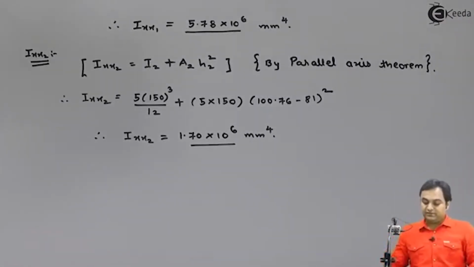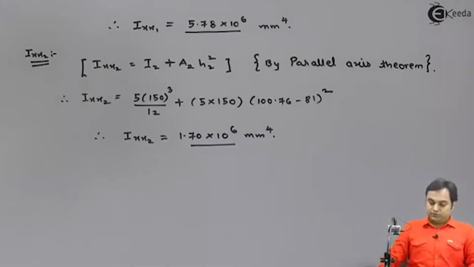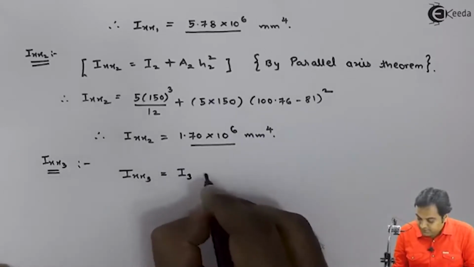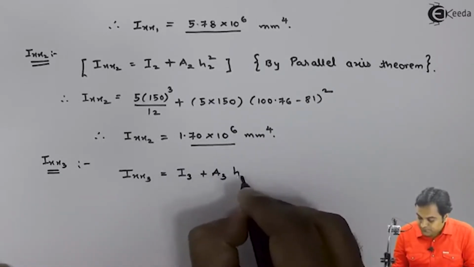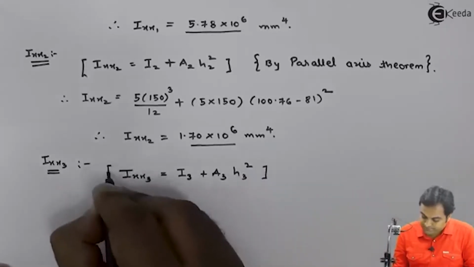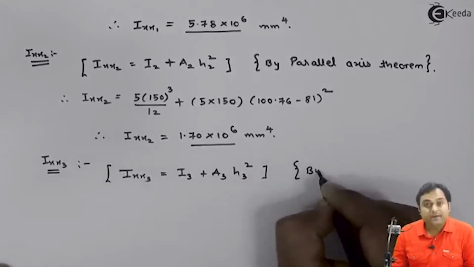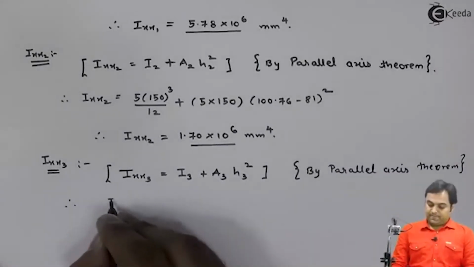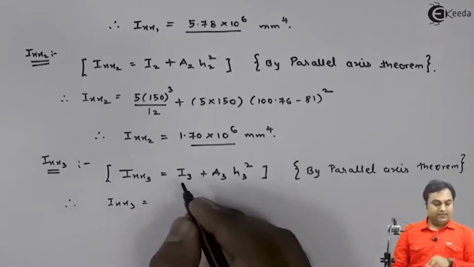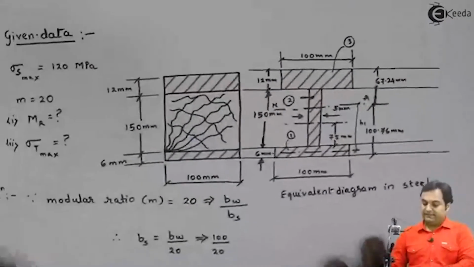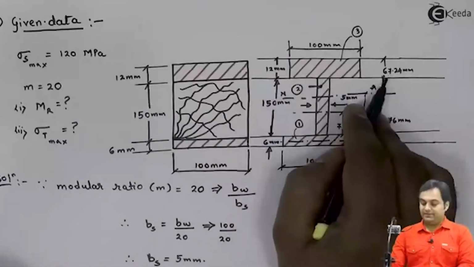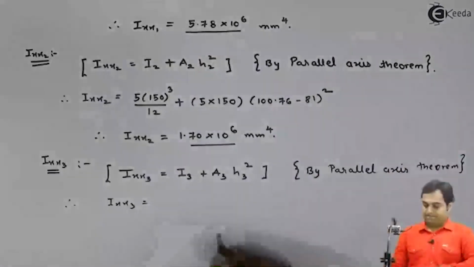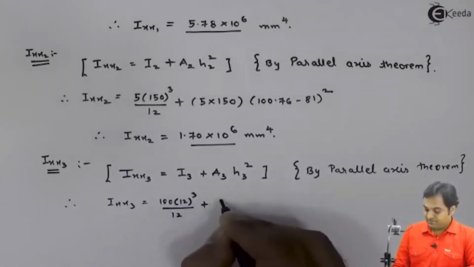Similarly, at last we would be calculating Ixx3. So Ixx3 would again be I3 plus area 3 into h3 whole square. And this is again by parallel axis theorem. Therefore, Ixx3 will be equal to I3 for the third rectangle. Width is 100 and depth is 12 mm. So bd cube by 12 means 100 into 12 cube by 12 plus 100 into 12.